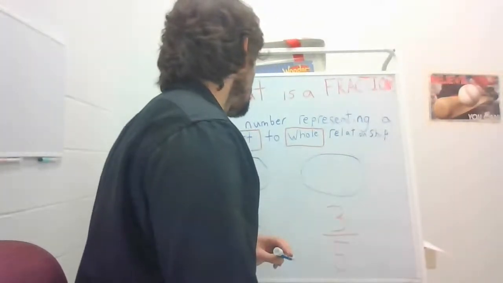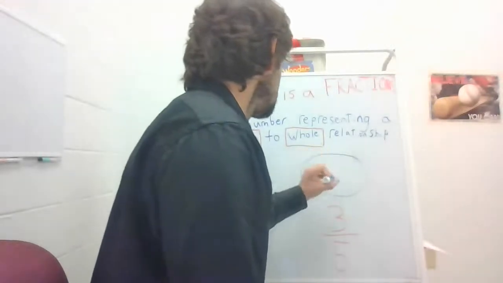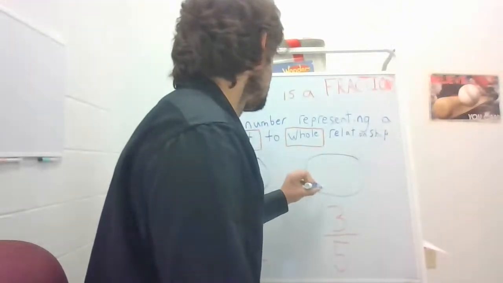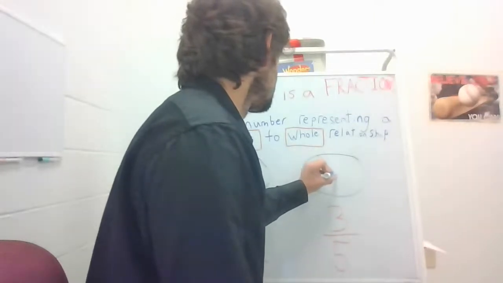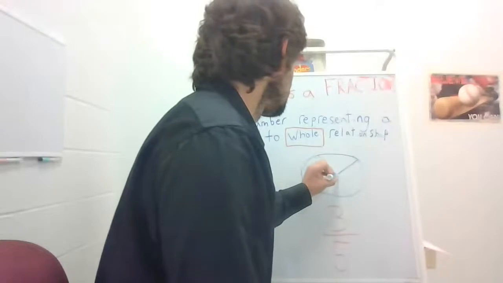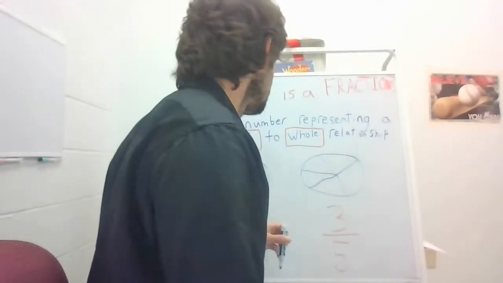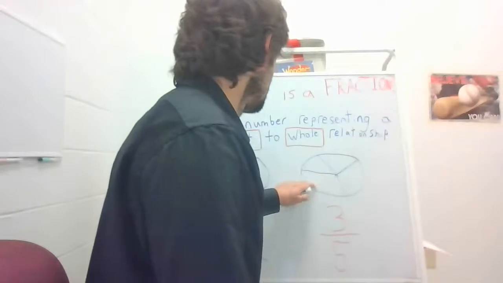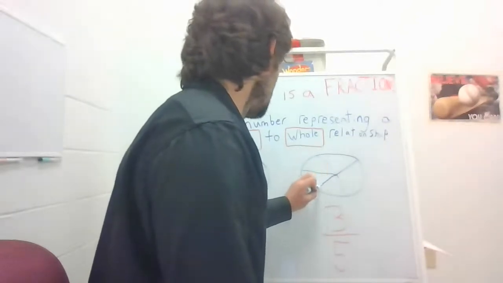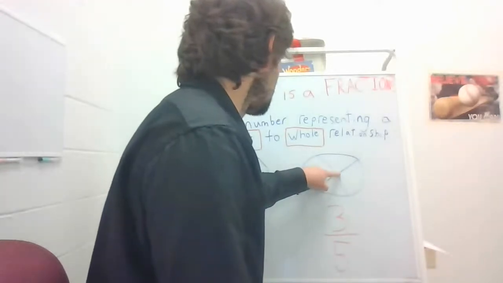So it would be easier to draw a square, but I like to challenge myself, so I'll make a circle. Might not be drawn exactly to scale, but these parts, they're supposed to be about the same size.